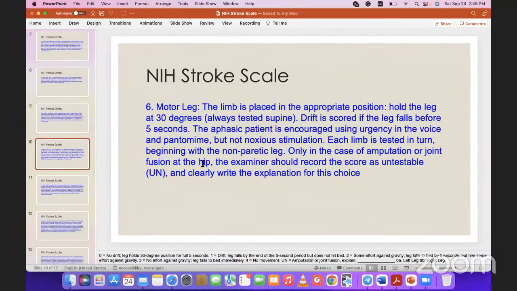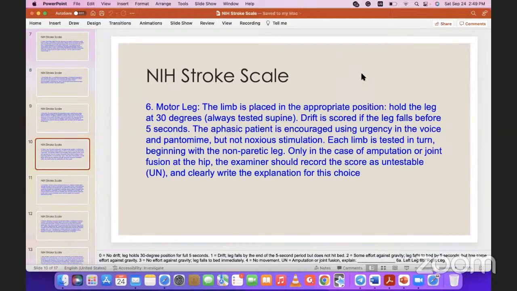Motor leg. The limb is placed in the appropriate position. We hold the leg at 30 degrees, always tested supine. As I mentioned, the drift is scored if the leg falls before the 5 seconds.